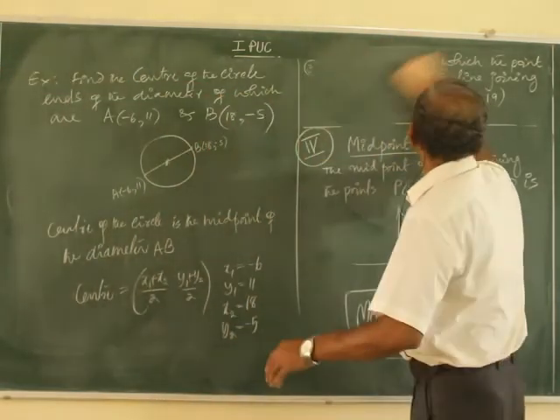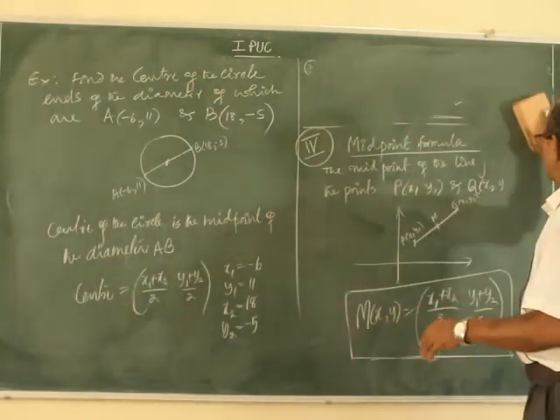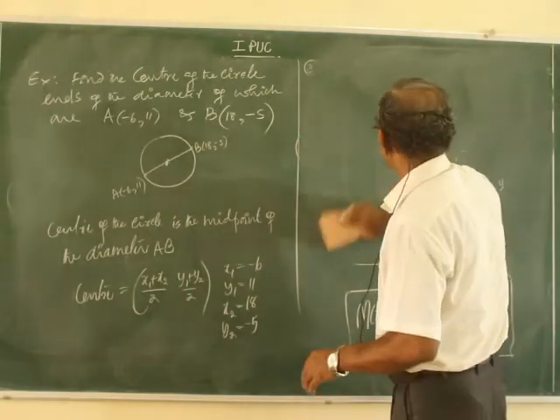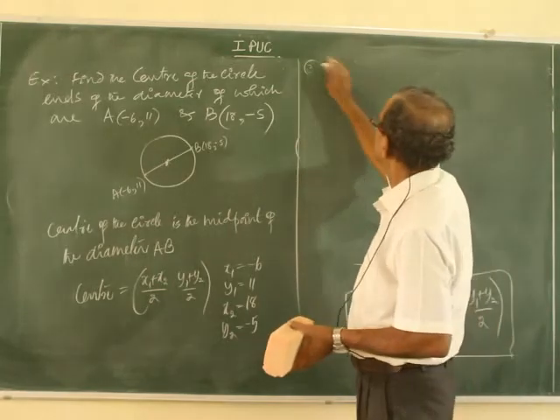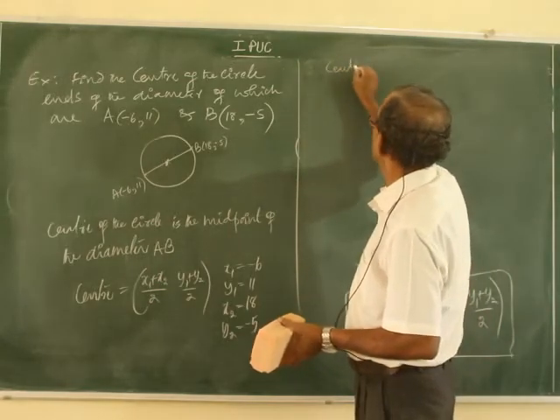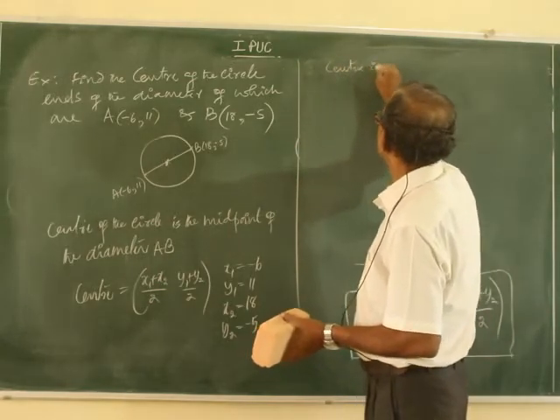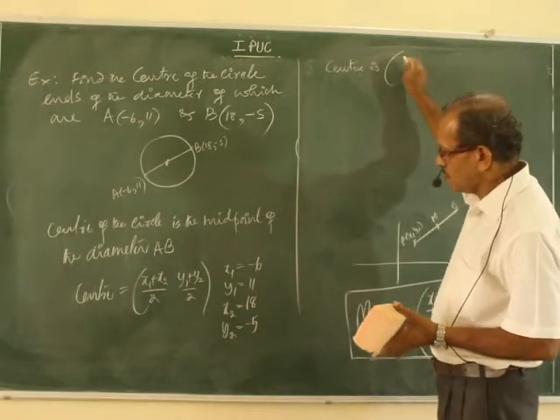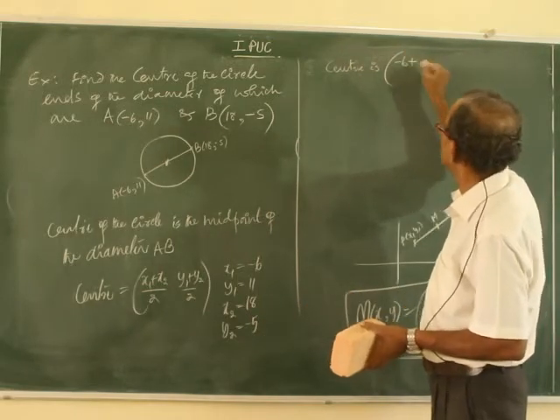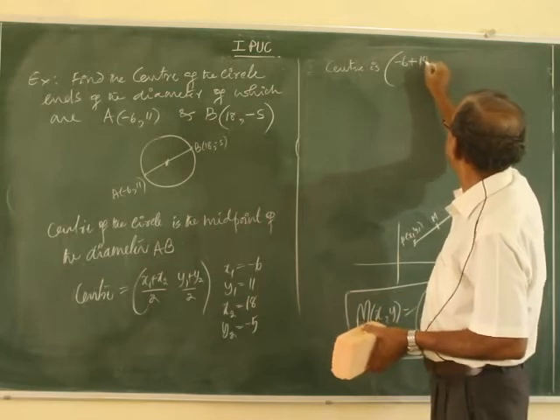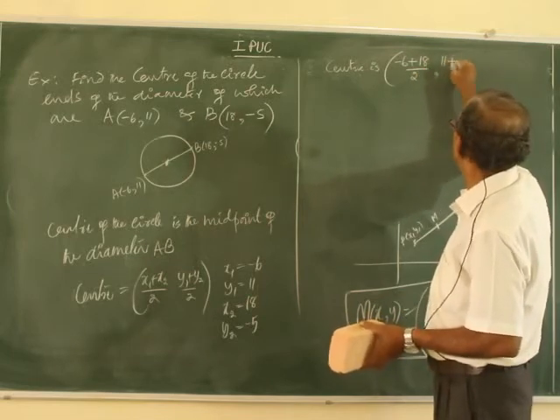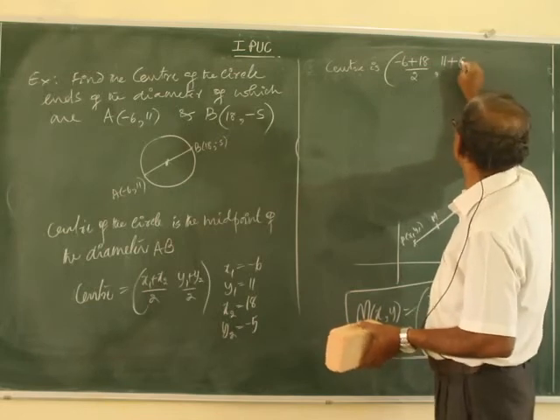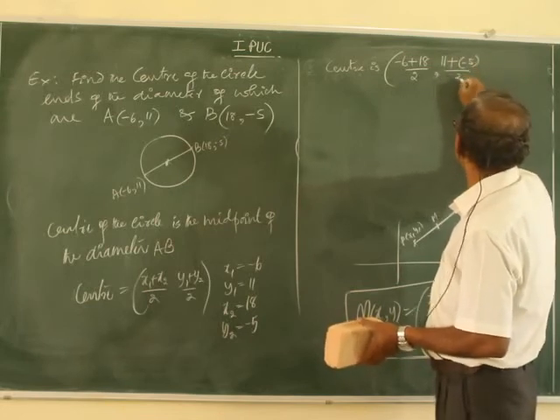Answer is, center of the circle is x1 plus x2 by 2, y1 plus y2, careful, by 2.